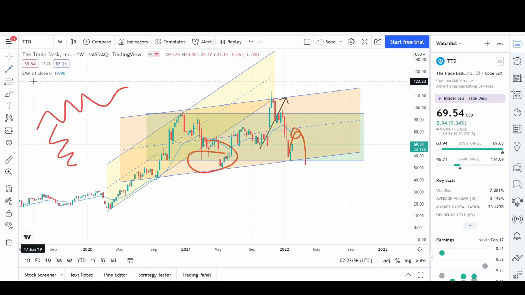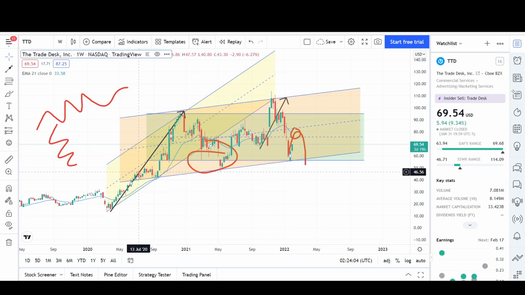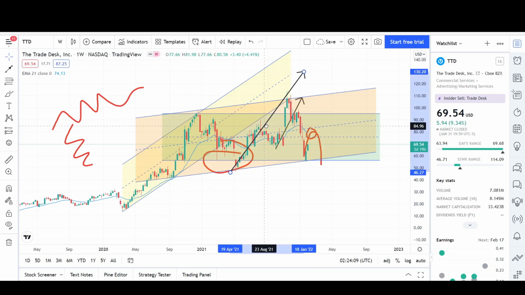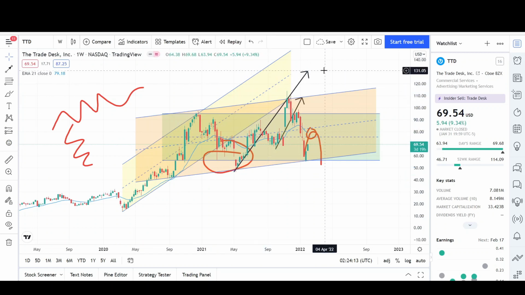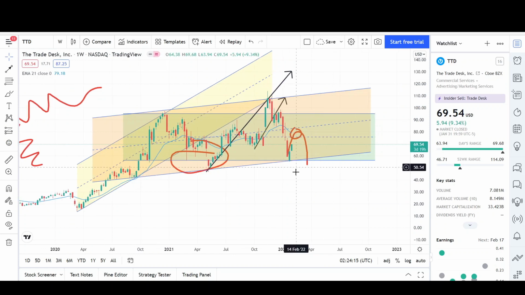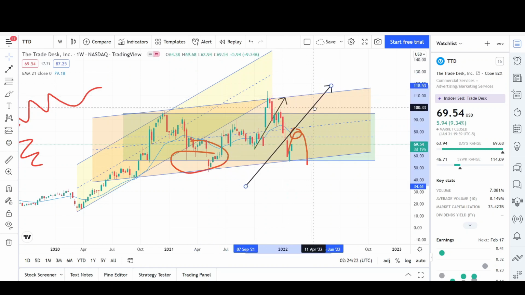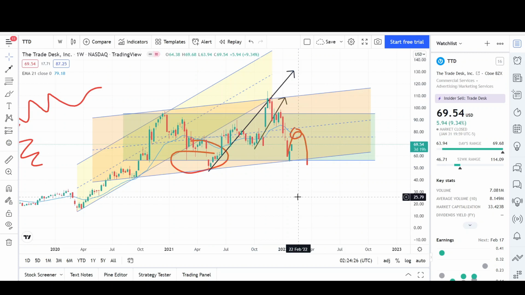So if we do continue higher from here, as long as we don't break below the $46 level, then this long-term target is intact, because this would be the second leg up, and it's right at the $130 level. So that's my long-term target, as long as we don't break that $46 level. Even if we do break it, then the target is just going to continue to drop. So we'll have to see what the price action wants to do.